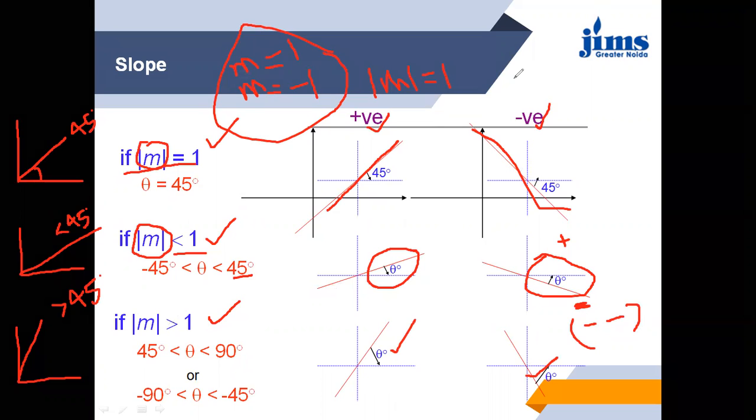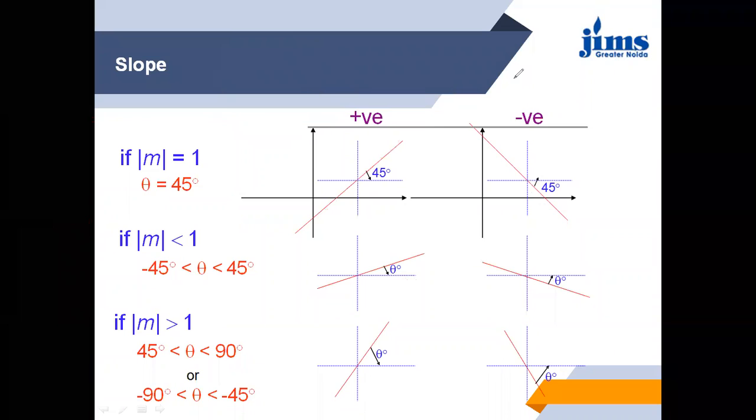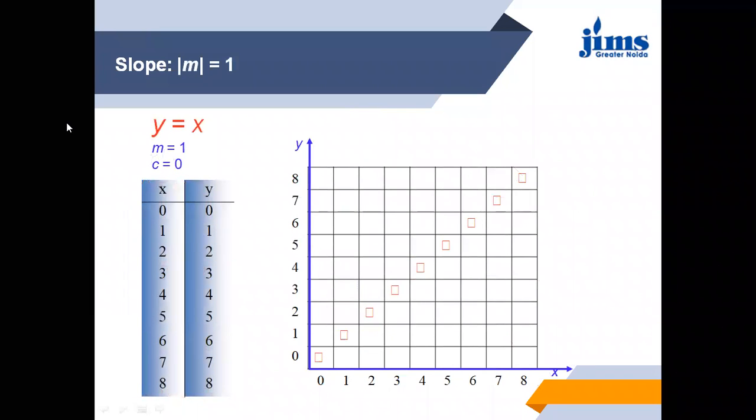So we have to find out the value of m, and then we can check whether the value of m is equal to 1, less than 1, or greater than 1. So these are the different ways by which we can find this out.